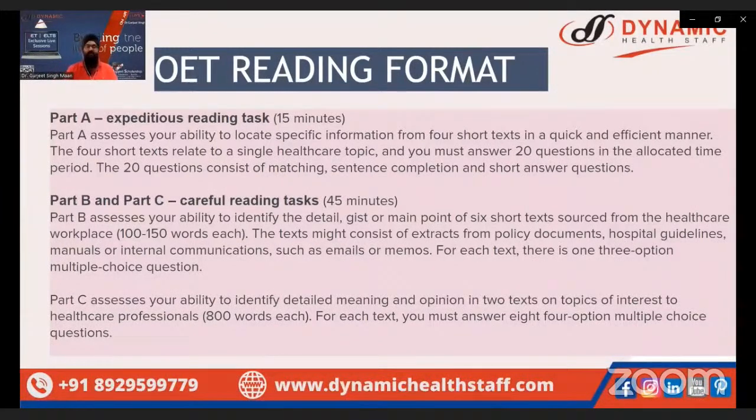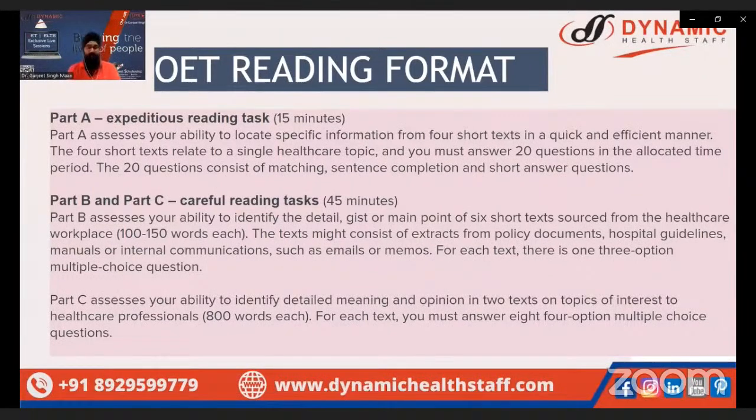Now, expeditious reading task means, as the name suggests, you have to be quick. You have to expedite your reading by solving 20 questions in 15 minutes. That is the basic thing. In part A, there will be 20 questions and we have to solve them all in 15 minutes.